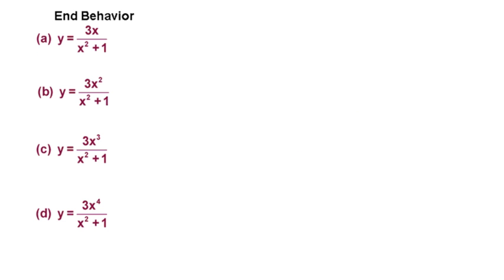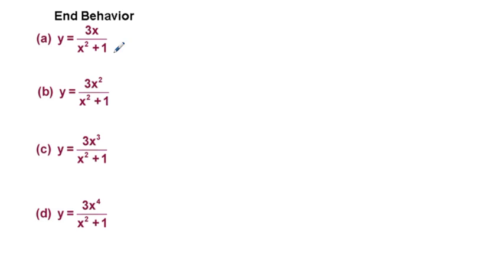Next, end behavior. End behavior is not in this lesson how you act before you die, but it's really what the function does at the end, as the function goes from negative infinity all the way to infinity. And what we're looking at in this situation is to find end behavior. We're interested in the biggest terms, the highest exponent terms in both the numerator and denominator.